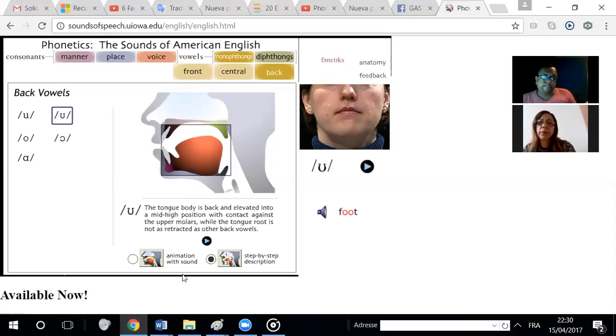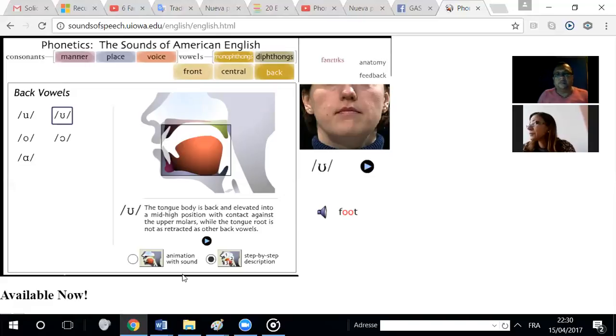The tongue body is back and elevated into the mid-high position with contact against the upper molars, while the tongue root is not as retracted as other back vowels.